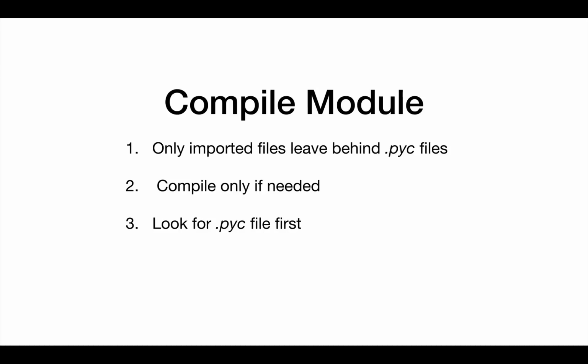And thirdly, if you don't have the source code file, if you just have the .pyc file, Python will still make use of it, because your source code has been converted into bytecode and you can still make use of that.